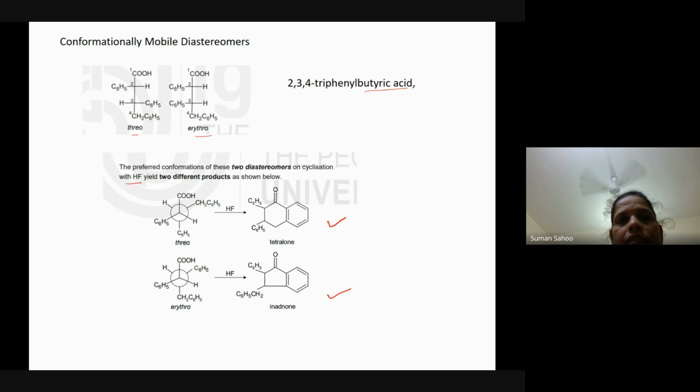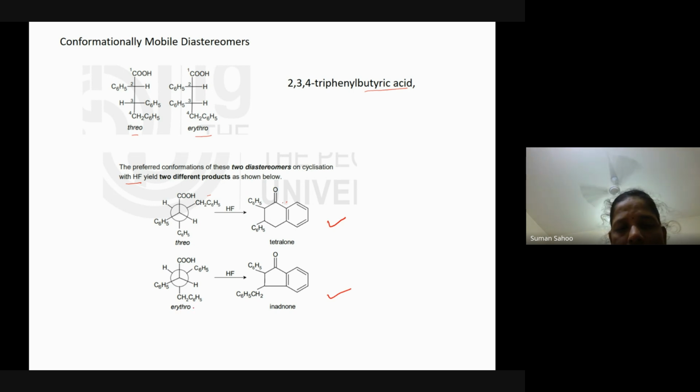Actually, these diastereomers depend mostly on their conformation. So here if you see this, in case of threo, this CH2 group is closest to your COOH group. So this C6H5, its ortho position here, the CH2, is forming a bond with this COOH group.